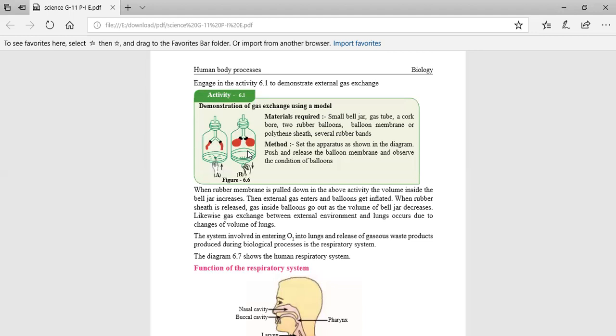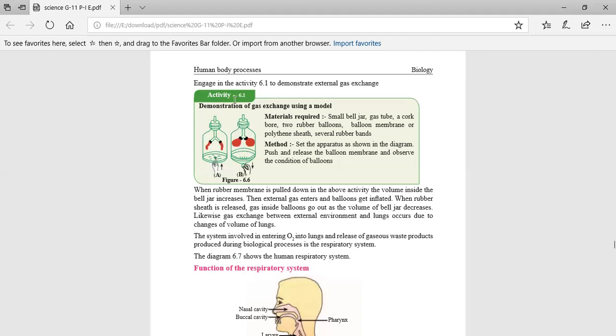Right. Here, the lungs release waste. We take in oxygen and release carbon dioxide as a waste product.